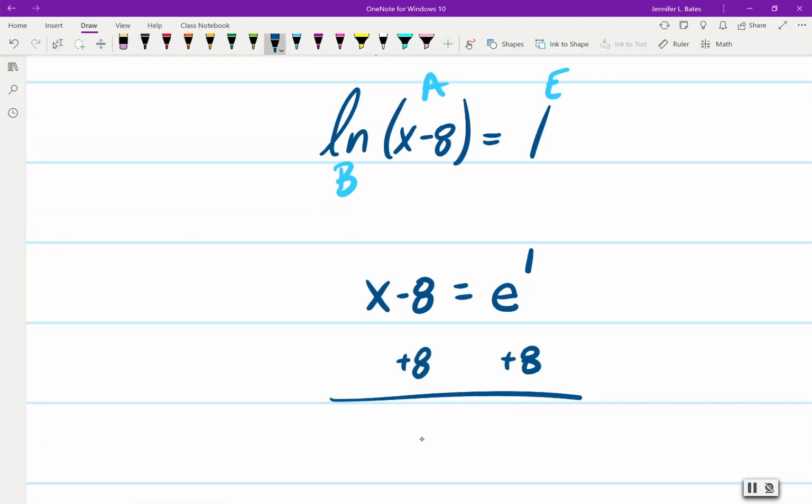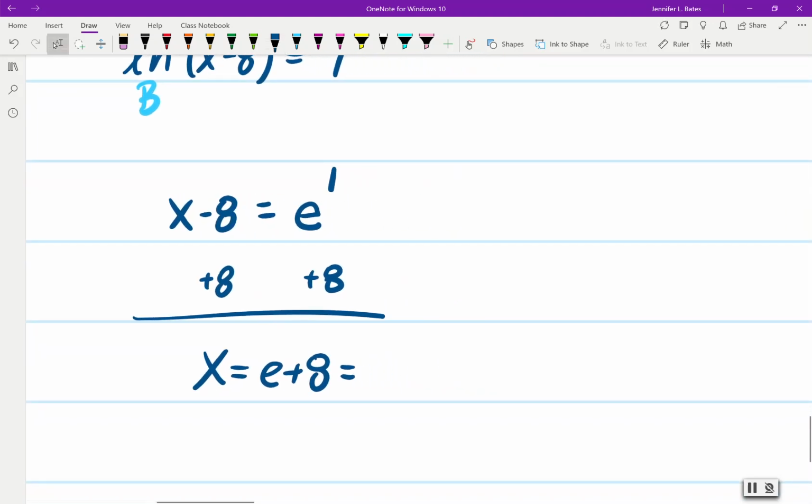So we're going to add 8 to both sides. So e plus 8. Here's how we're going to put this in the calculator. We're going to hit the second button, then the natural log button, because the second button gives us access to the blue right in between the keys. And then we're going to type in 1, so we get e to the first power, which is 2.71828, and then plus 8.